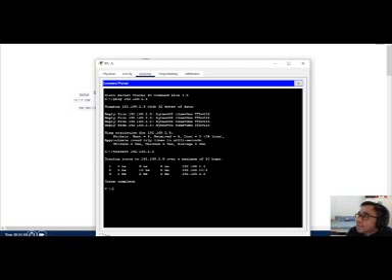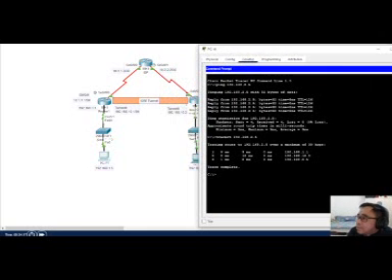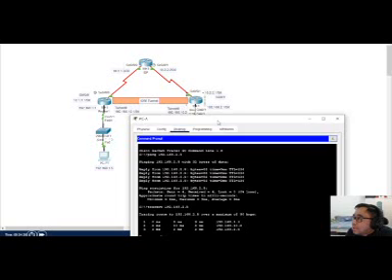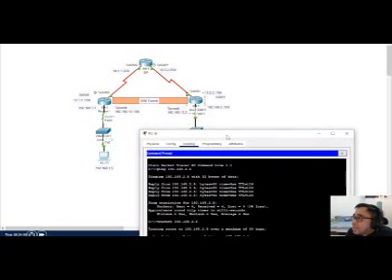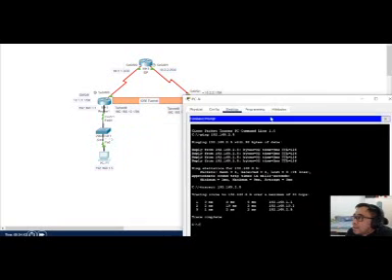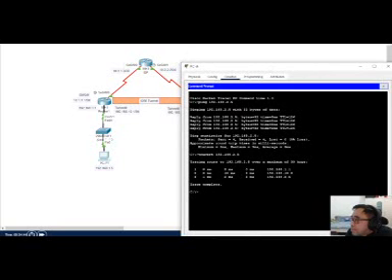Okay, let's see. So from this PC, 192.168.1 connected here. Okay, and directly from here that 10.2, he goes to 192.168.10.2.